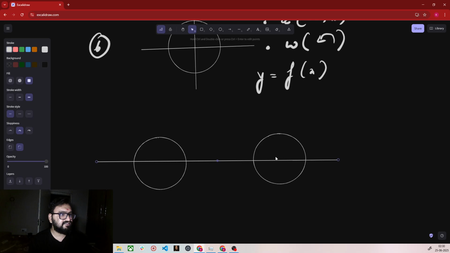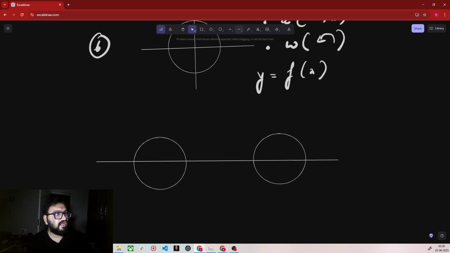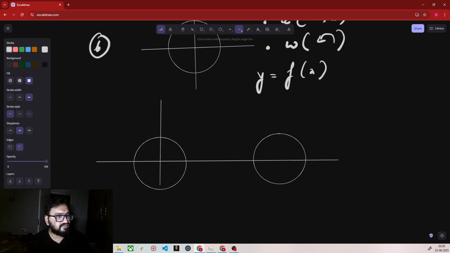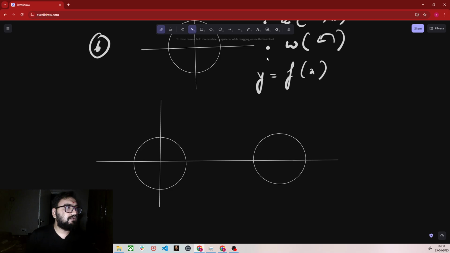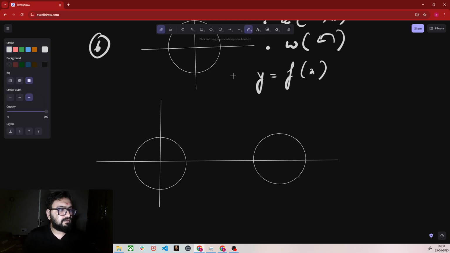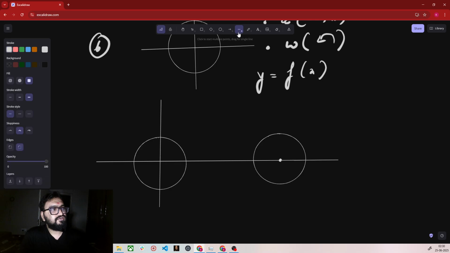Let me draw the axis. Let's say this is the axis, and initially this is my y-axis. As mentioned in the previous case, I know that in this case also the instantaneous axis of rotation would be along this particular line.